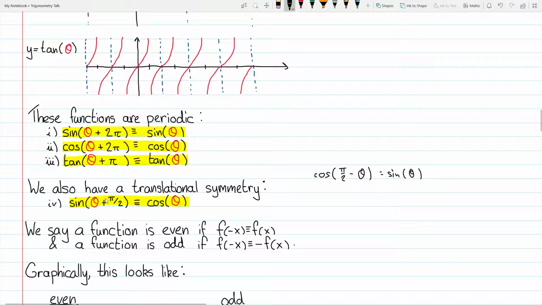If we subtract pi over 2 from the inputs and we get cos of theta minus pi over 2, well, we can then negate the input, and that gives us cos of theta. That cos of pi over 2 minus theta equals sine of theta. So if you see the identity like this, it's the exact same thing here.